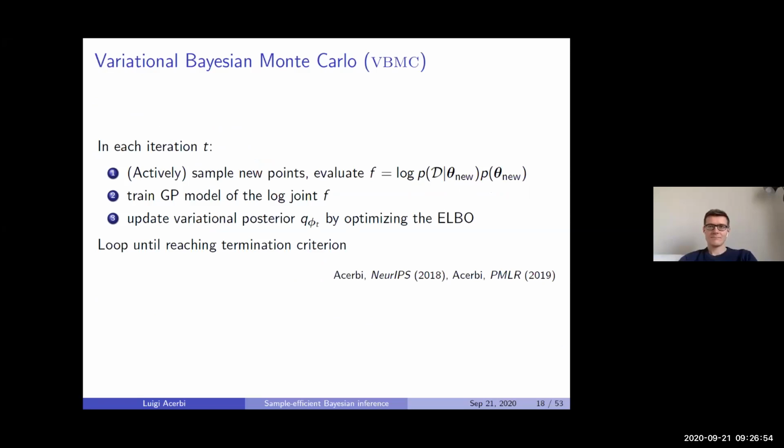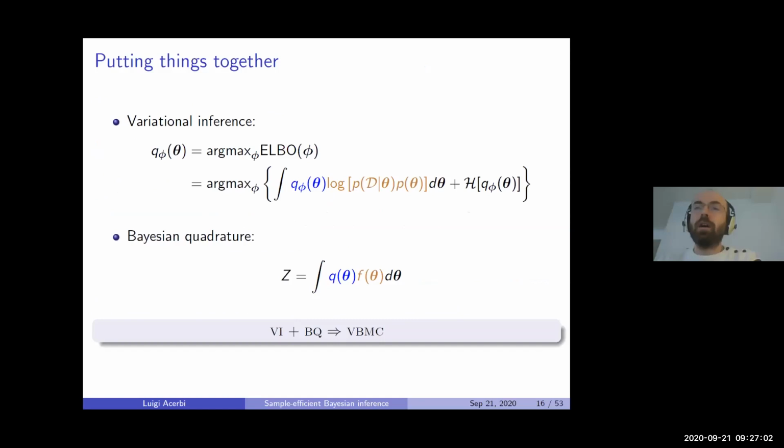Luigi, does the GP basically act as a smoothing function, or does the kernel choice also matter in this setting? For this to work at the moment, there are extensions, but at the moment you're forced to choose a Gaussian or exponential quadratic kernel, so it tends to be smooth. Although that's something I might mention later.